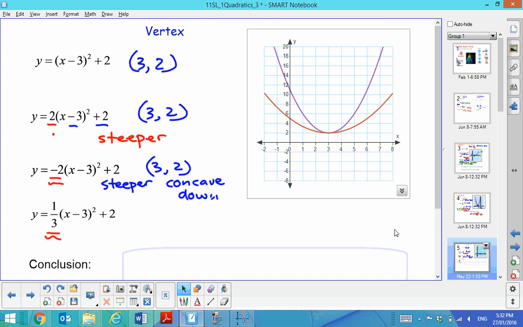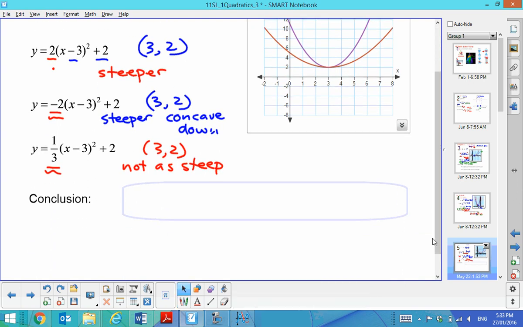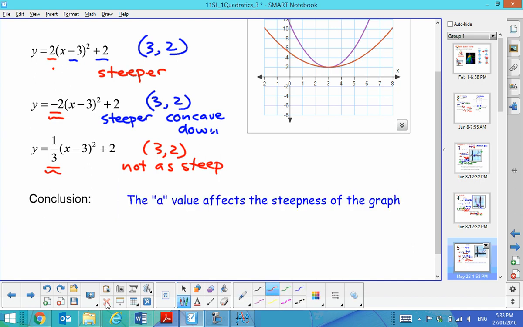So we've graphed this last one and same vertex, which is great to see, not surprising, but we're now not as steep. So hopefully we're getting some patterns here that are getting repeated each time. What's our conclusion going to be after this part of the investigation? That the a value affects the steepness of the graph.